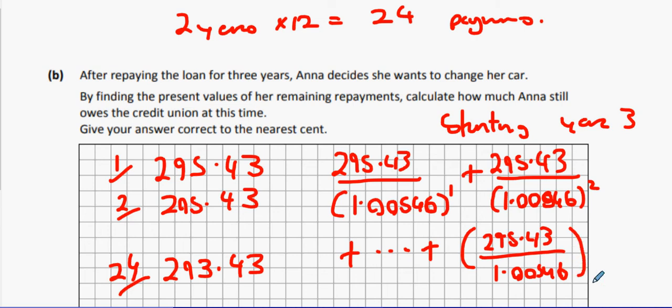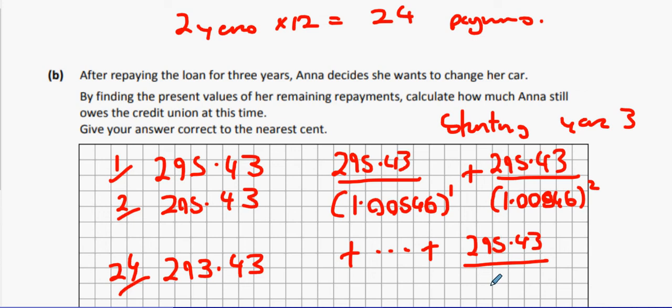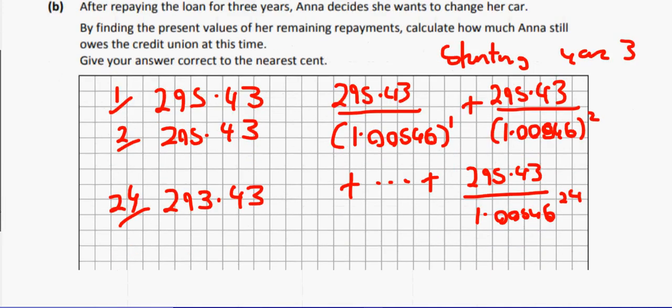Oh sorry, the bottom's to the power 24. €295 divided by the power 24 months.